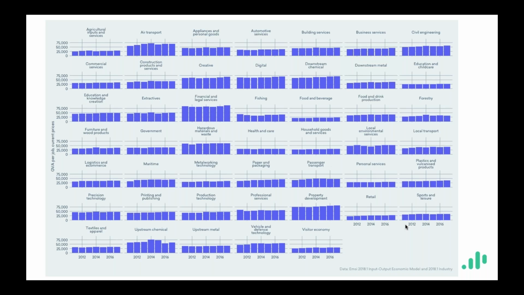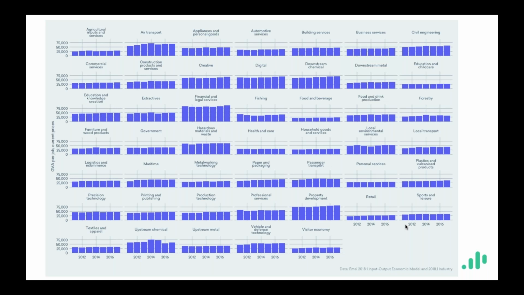So, for example, down here on the second line from the bottom, you've got property development right next to retail. Interesting to look at that in terms of, obviously, property development and digital, for example, have very high GVA by job, but not necessarily a huge number of jobs.